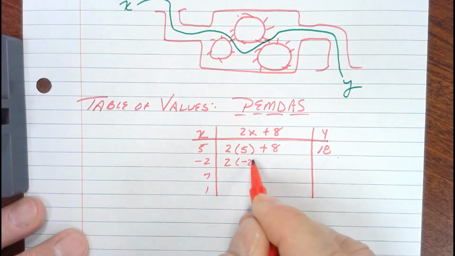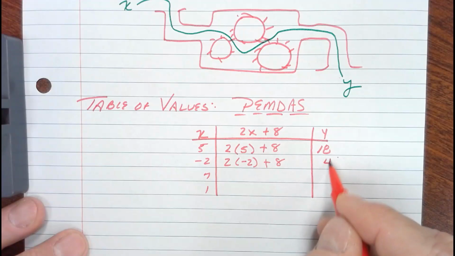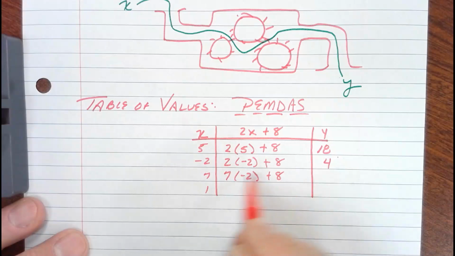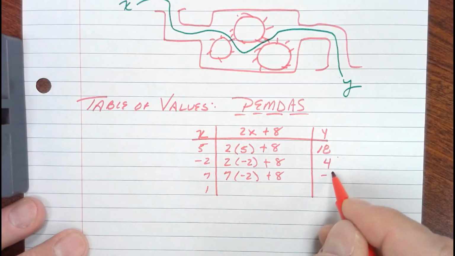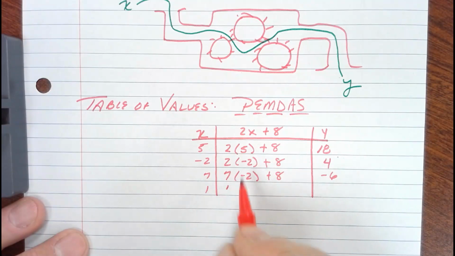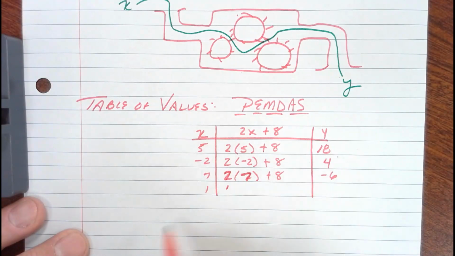So I have 2 times -2, which is -4, plus 8, which is 4. Then 7 times -2 is -14, plus 8 is -6. And again, I should have 2 times +7 here, not -14.